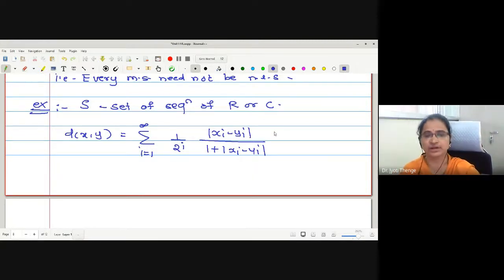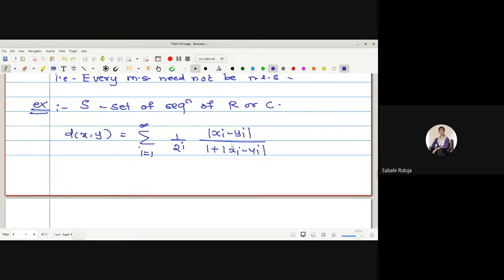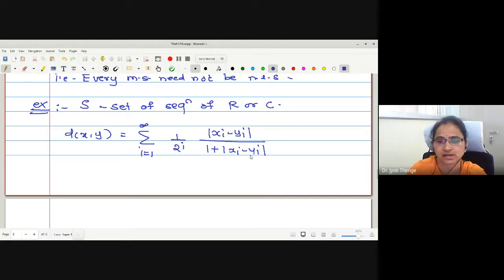Second condition verified. Let us verify the third condition, symmetricity. If I replace xi and yi, is there any effect on the distance? No, ma'am, because we are in the modulus. Therefore, symmetricity holds.